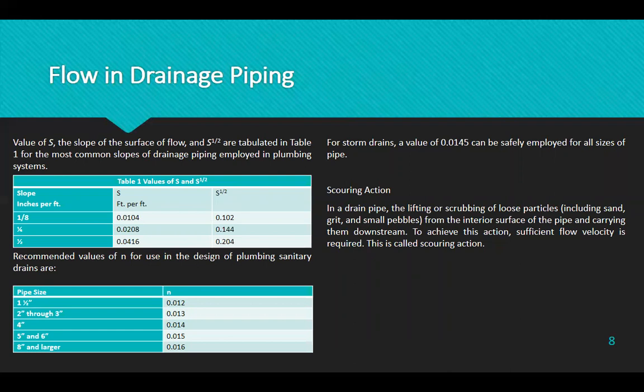Madali lang yung convert. So S to the 1/2 is 0.102. So 1/4 inch per foot is 0.0208, 0.144. Then 1/2 is 0.0416 and 0.204.